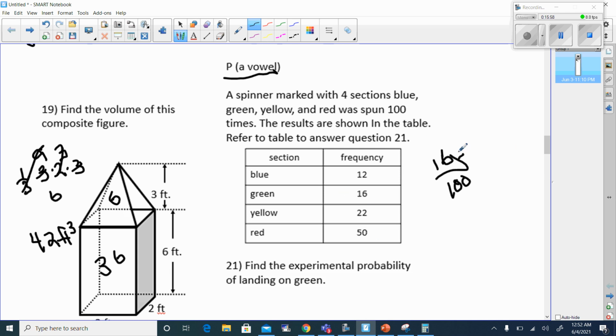They're both divisible by 4. 16 divided by 4 is 4, and 100 divided by 4 is 25. So 4 over 25 would be my answer.